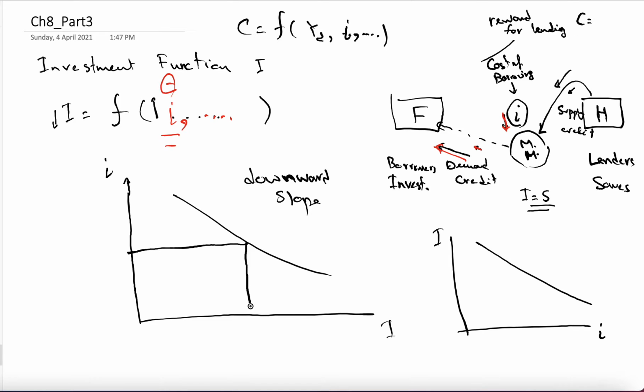So we know that the level of investment is going to be a fixed amount according to the equilibrium determined in the money market. We are going to talk about the money market in chapter 10.